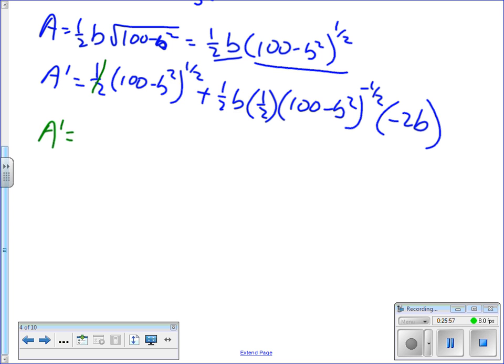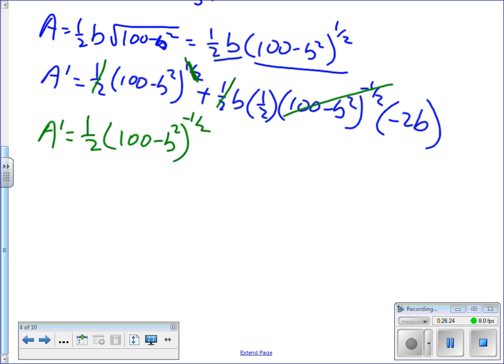So I'm going to take a 1/2 from each term, and I'm going to bring out a 100 minus b squared from each term. What's my smallest power? Negative 1/2. So I bring out the smallest power, which means that disappears completely. And this becomes to the first power. Because 1/2 minus negative 1/2 is 1.